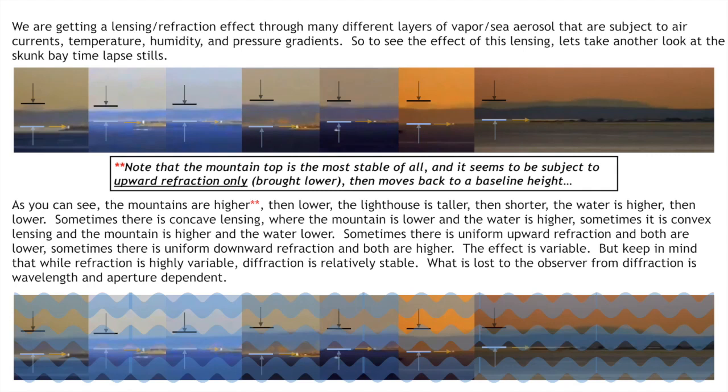What we've tried to depict here at the bottom is that it does seem like you are essentially seeing it through different waving phenomenon of these atmospheric effects. So depending on the air currents and gradients and pressure gradients and sea aerosol levels and temperatures and so forth, you're going to get various refraction phenomenon. There's just no way around it.